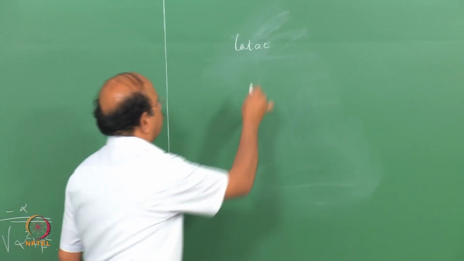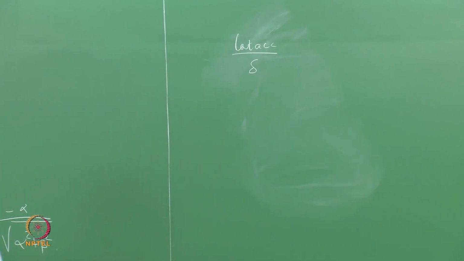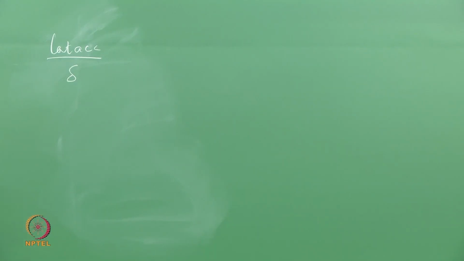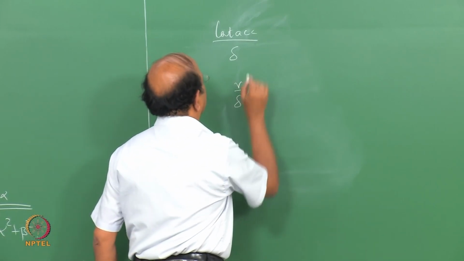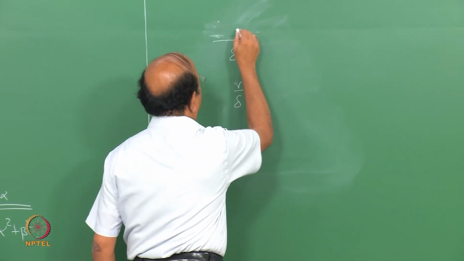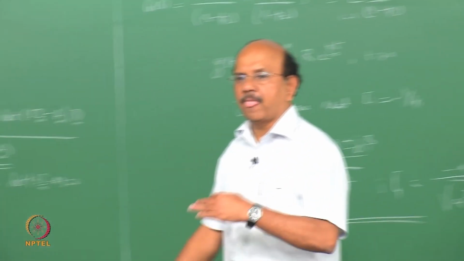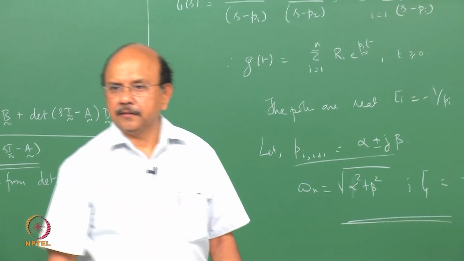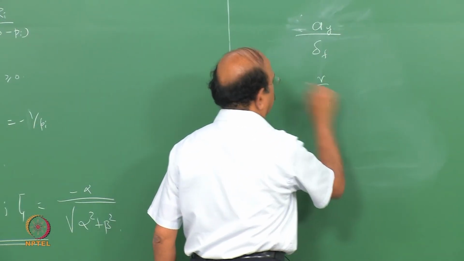In fact, what we did was to find the lateral acceleration versus delta front, as well as, what was the other one we did? R by delta. So I can write this, for simplicity, as AY by delta and R by delta. Remember that we had only the front delta F.